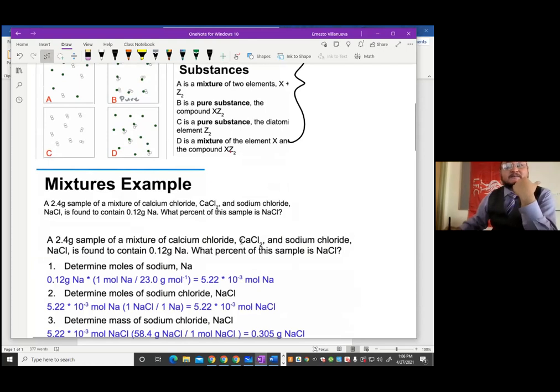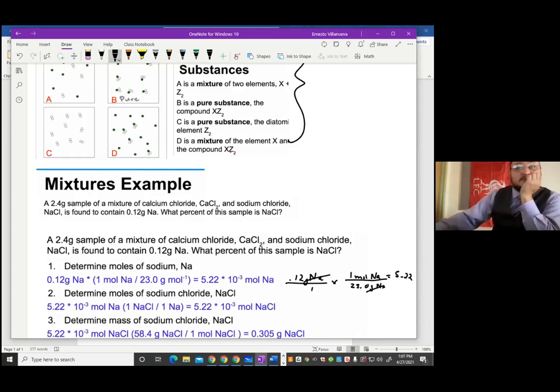So, if you have 0.12 grams of sodium, this is the same thing as saying 1 mole of sodium is equal to 23.0 grams sodium. Those cancel, and you end up with 5.22 times 10 to the negative third. I know when some of you see it like this, you're like, wait a minute, what's going on here? But it's the same thing.